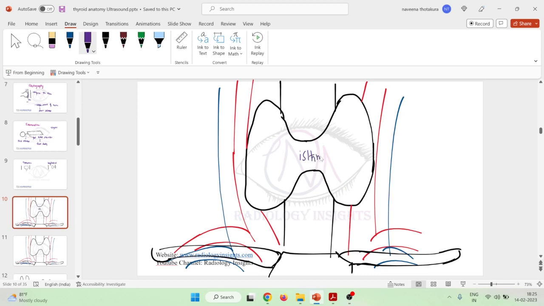You will examine the isthmus, both thyroid lobes, and the entire gland. Then you will also have to see the carotid artery and jugular veins. This is the carotid artery, and this is the internal jugular vein. Both of these should also be seen, along with any lymph nodes.